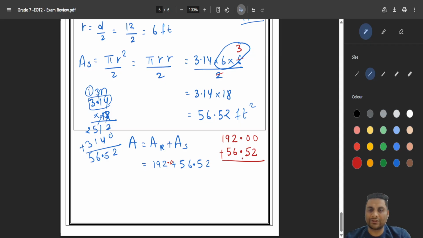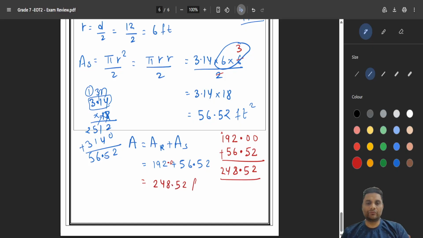The point should be in a straight line. 2 plus 0, 2, 5 plus 0, 5, point, 6 plus 2, 8, 9 and 5, 14, 4 here, 1 up, which means 1 and 1, 2. So my final area will be 248.52 feet square.